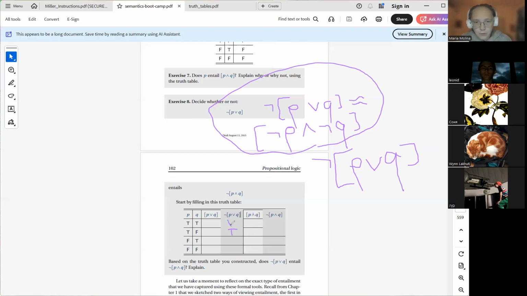Yeah, we get false if they're both true. We get true if one of them is false, which means we get true over here.